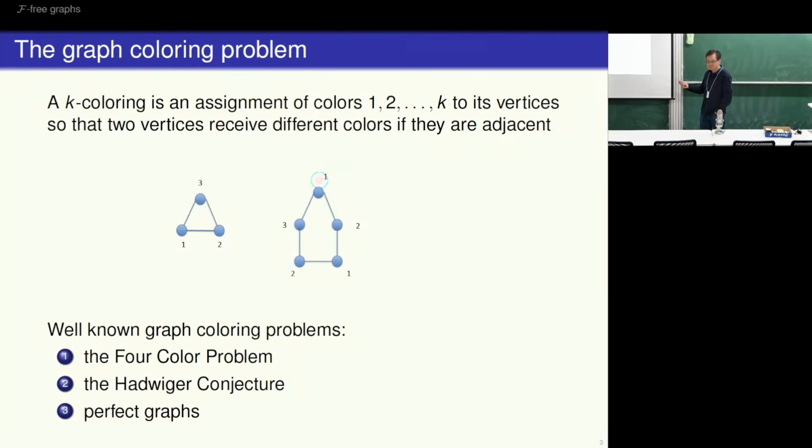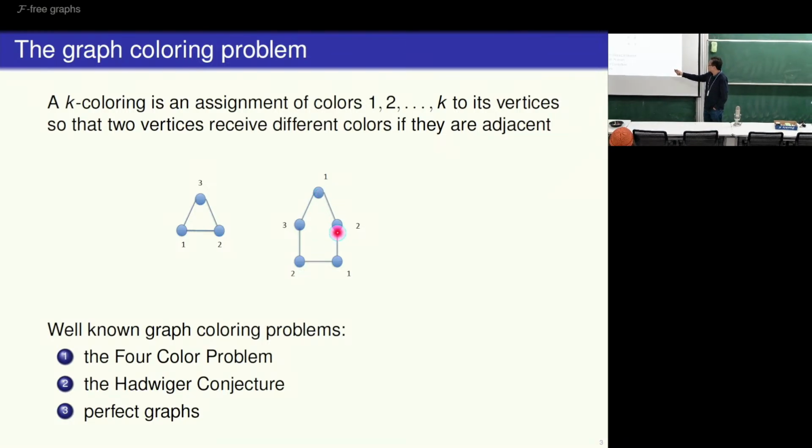For this graph on the right, you can see just by trial and error that you need 3 colors. You cannot color this graph with 2 colors. Say you start at this vertex and give it color 1. Then the next vertex needs color 2. For this vertex, you still want color 1 because you don't want to use a third color.